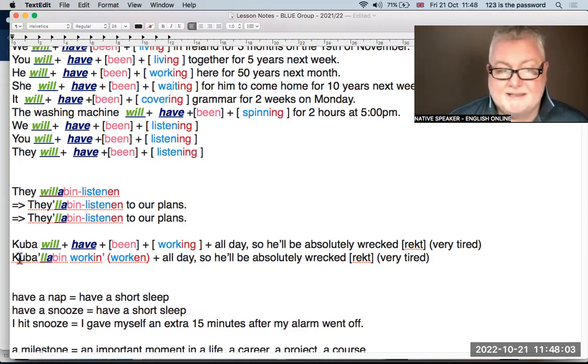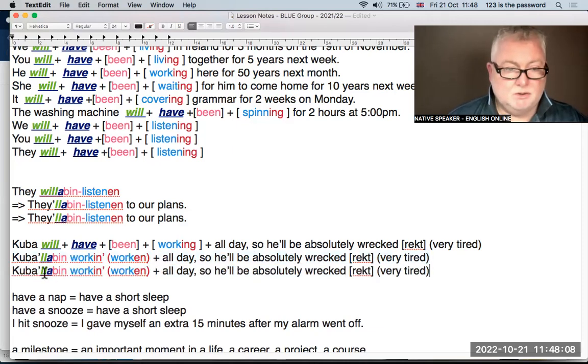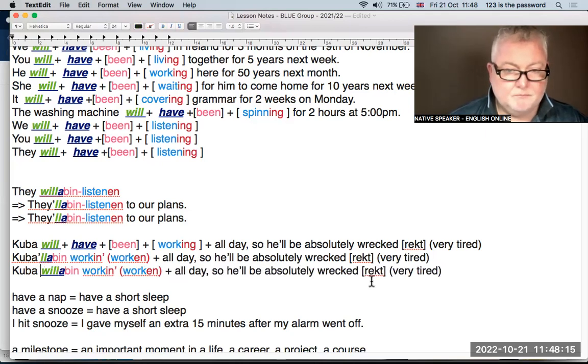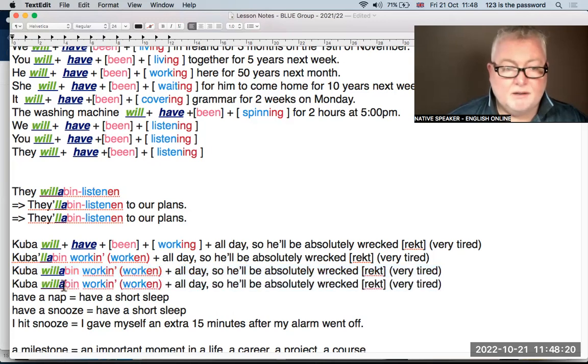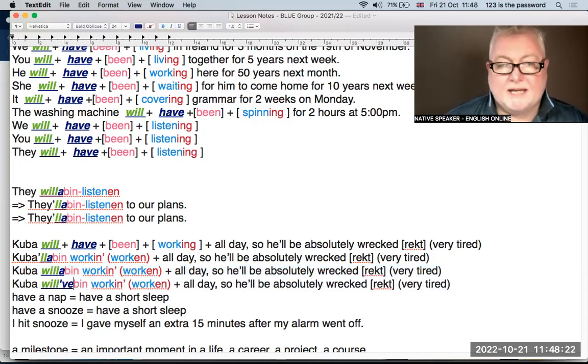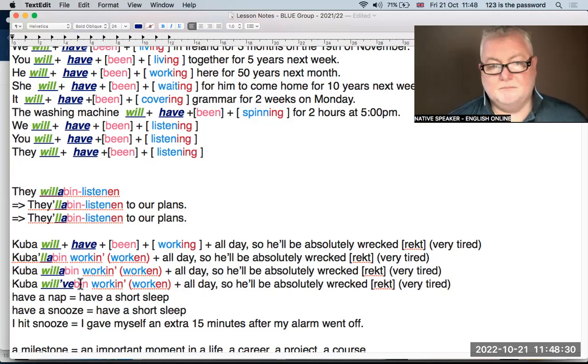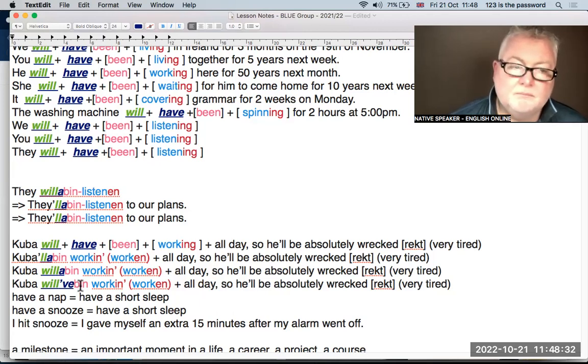There's two possibilities, Cuba will've or Cuba'll've. Or have can be like that. How about this one? Now that's how you'd write it. This is how you'd say it.